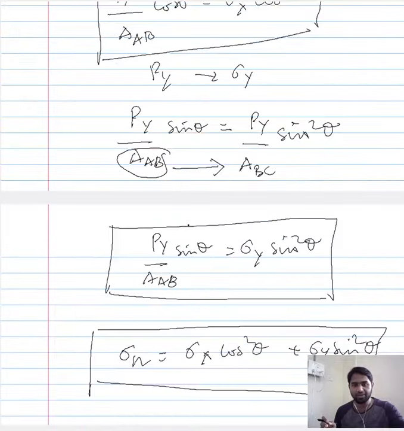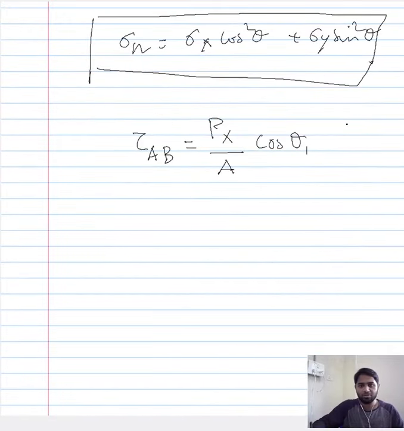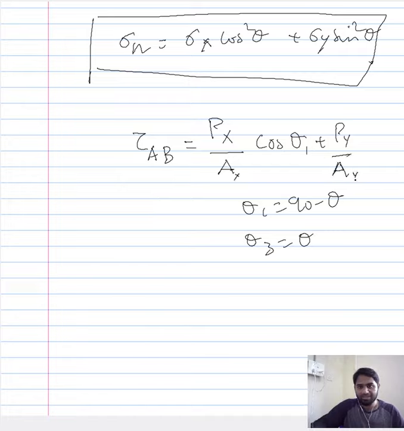When you substitute that in this expression, we have cos theta 1, where theta 1 is nothing but 90 minus theta, and we saw that theta 3 is directly theta. So the expression would be Px by Ax, the corresponding area, and Py by Ay, cos of theta 3, and we have seen that theta 3 is equal to theta. However, we also saw that when we make the projection, we are projecting onto the negative side of the desired region of interest.